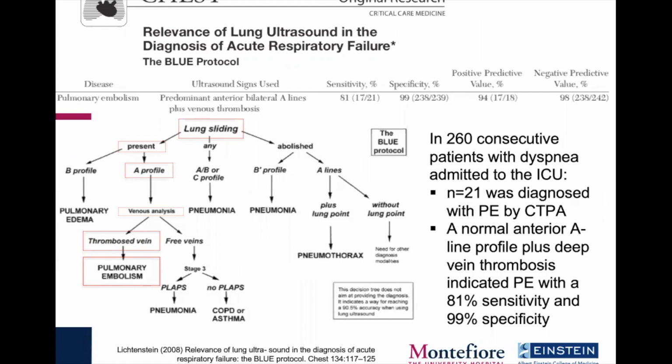And the authors found that a normal lung sliding A profile with a venous analysis of thrombosed vein diagnosed PE with a sensitivity of 81% and a specificity of 99% in this cohort of 260 patients who presented with dyspnea to the ICU. If you want to look at the paper for the other diagnoses, he has the data there for pneumothorax, pneumonia, pulmonary edema, etc.